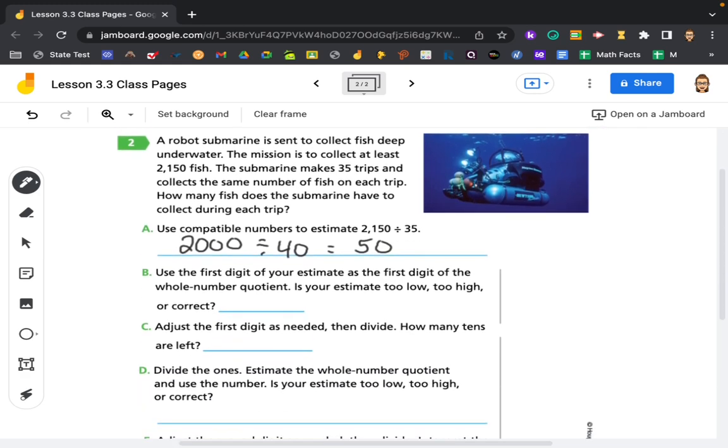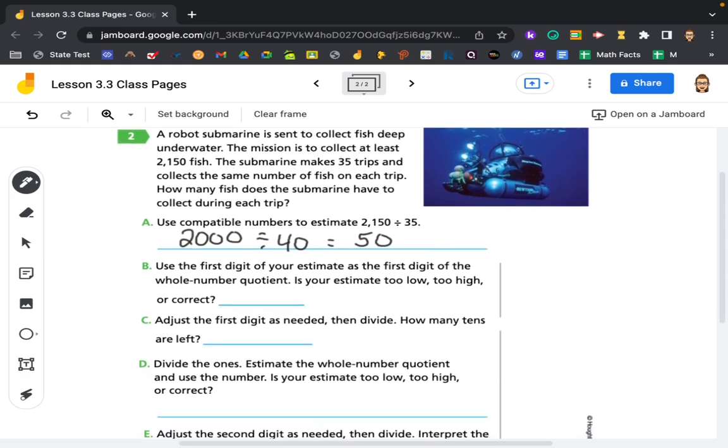So we're going to have a problem here. We're going to do 2,150 divided by 35. This says use the first digit of your estimate as the first digit of the whole number quotient. Is your estimate too low, too high, or correct?